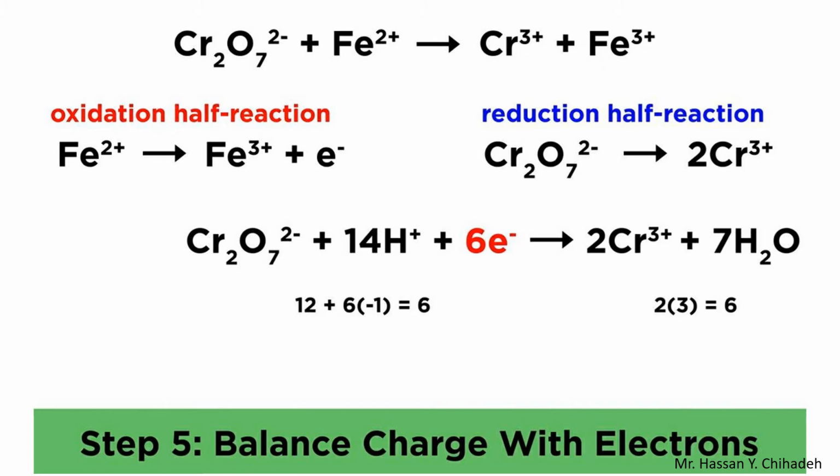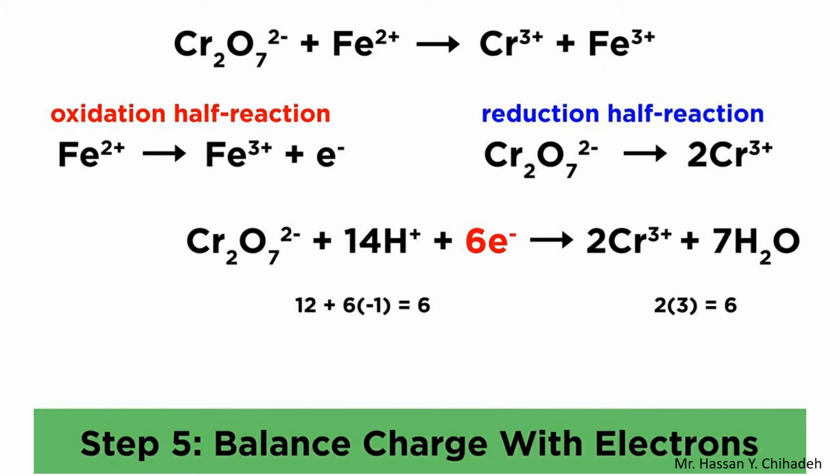As for the reduction, it's a little trickier. We have 2 minus on the dichromate, add 14 pluses for a total of 12 plus on the left. On the right, we have 2 chromium 3+ ions for a total of 6 plus.